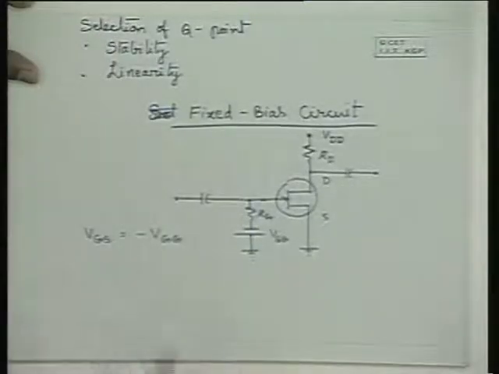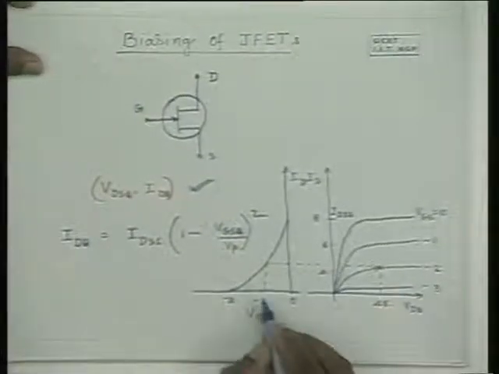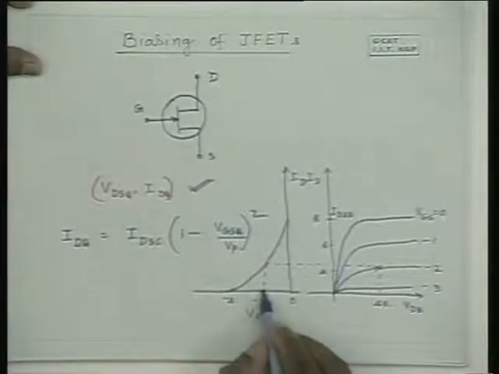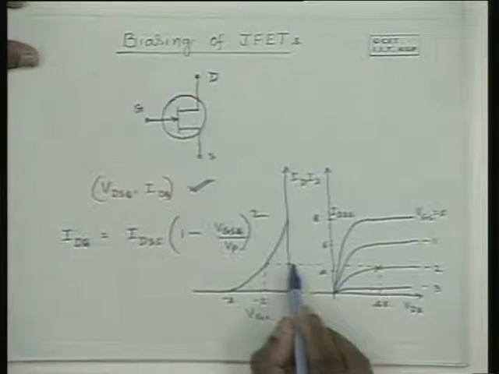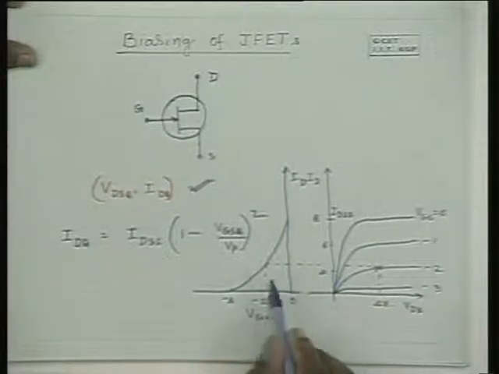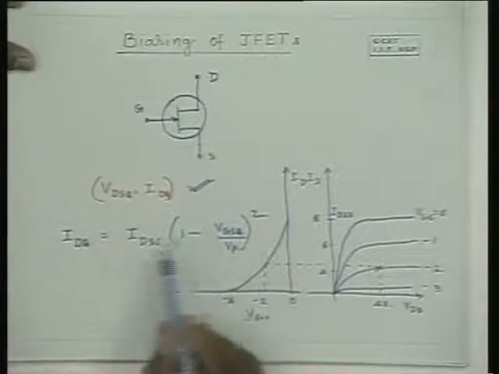Now once the VGS is given, from the transfer characteristics, for that particular VGSQ, we can decide how much IDQ can be obtained straight away graphically. It can also be computed once VGSQ is given.